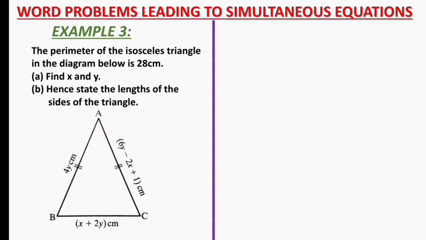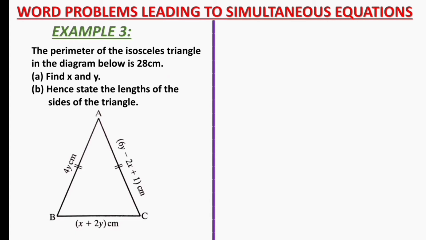Let's see an example involving word problems leading to simultaneous equations. Example 3. The perimeter of the isosceles triangle in the diagram below is 28 centimeters. Question A. Find x and y. Question B. Hence, state the lengths of the sides of the triangle.